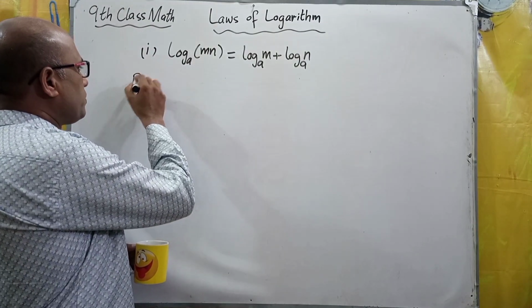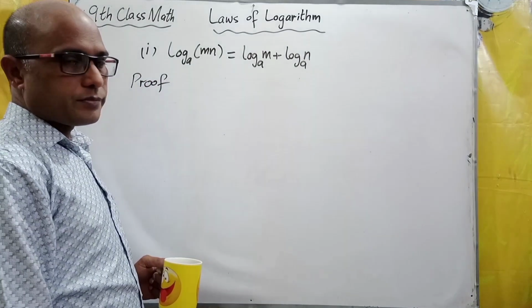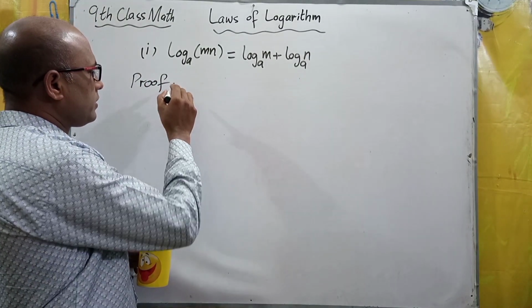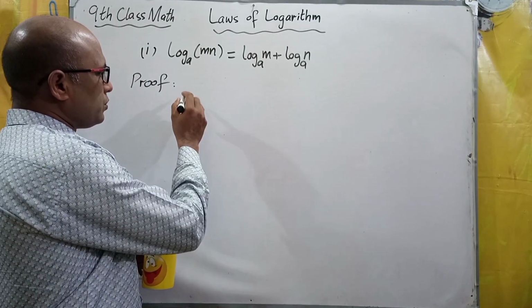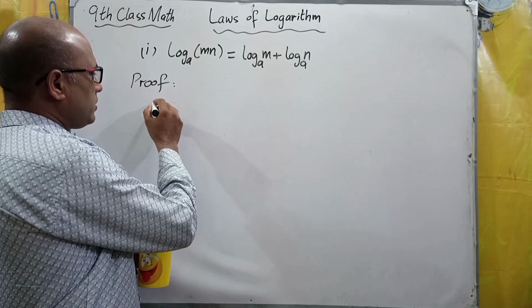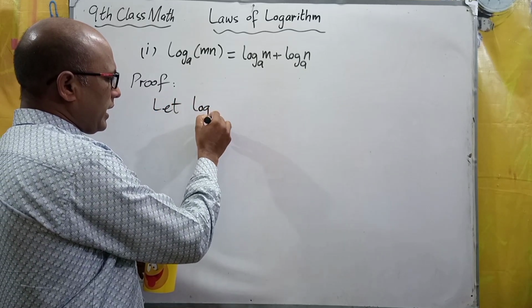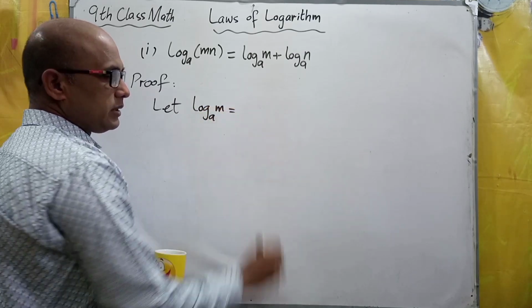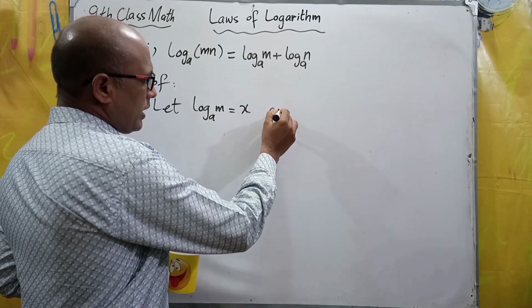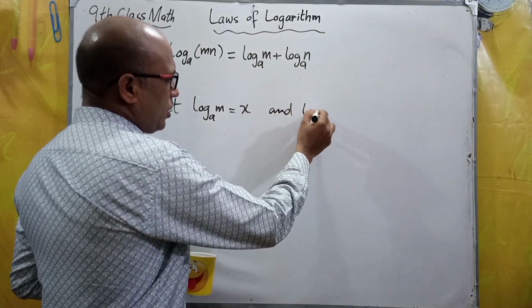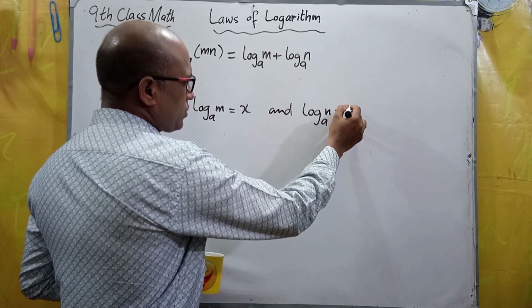We'll write proof, and to prove it we have to let log a of m is equal to x and log a of n equal to y.